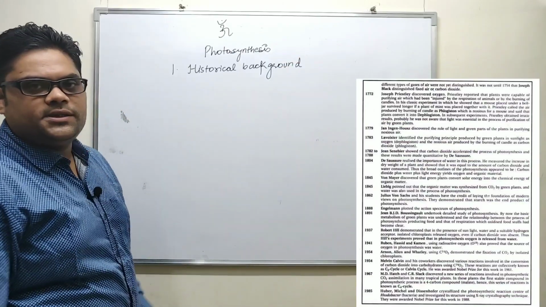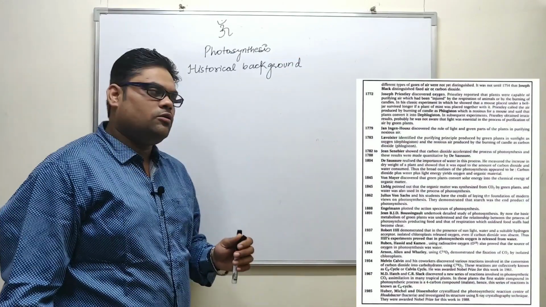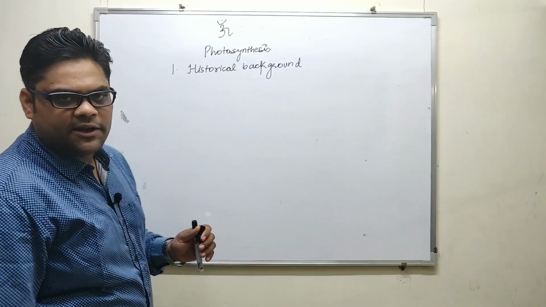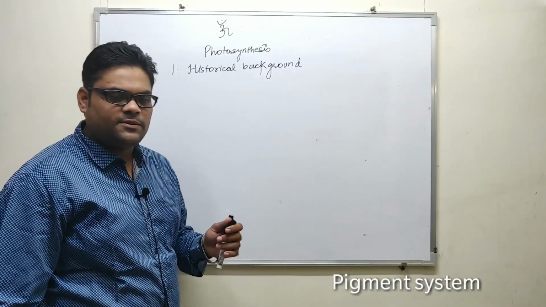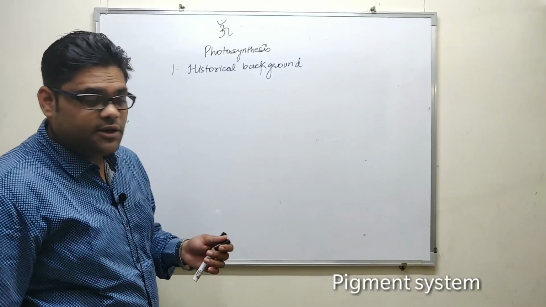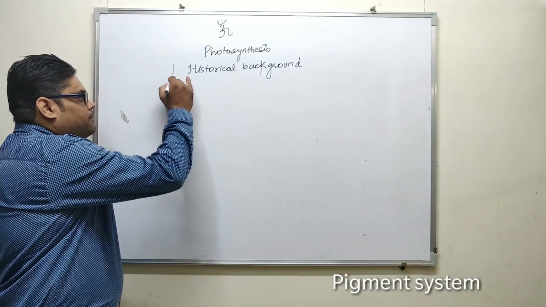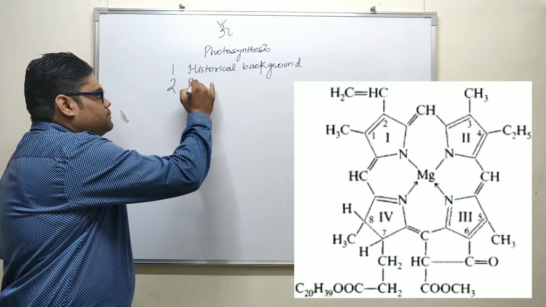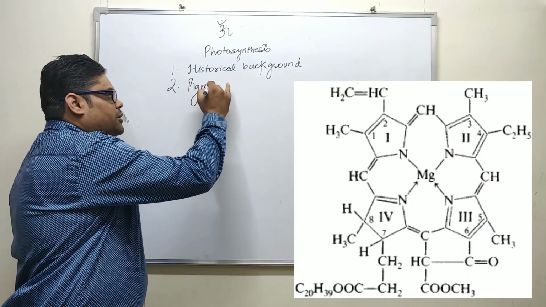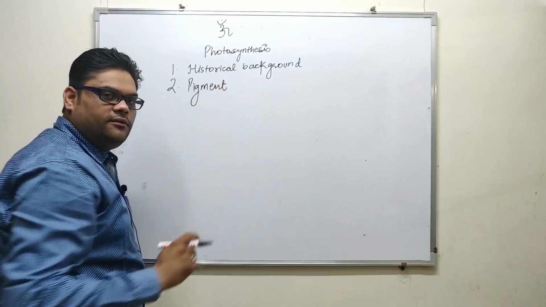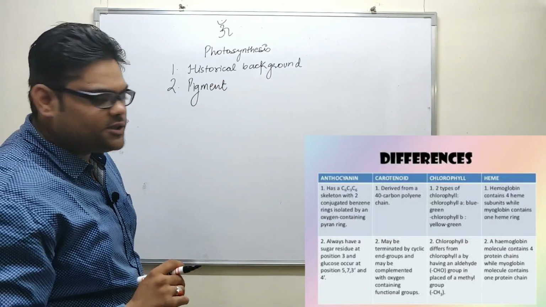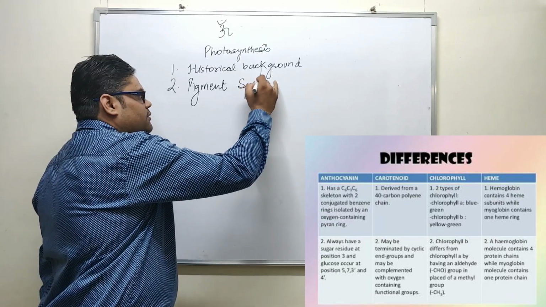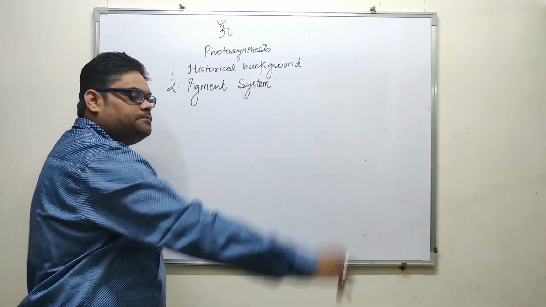The very first topic is the historical background or historical importance of this chapter, the different scientists, their approaches, their theories, their explanations, what they discovered. The second is most important and most confusing, especially for NEET students, the pigment system or the pigment molecules.